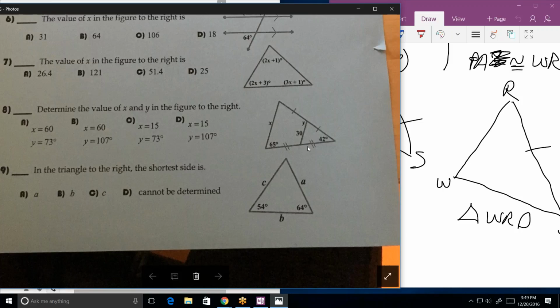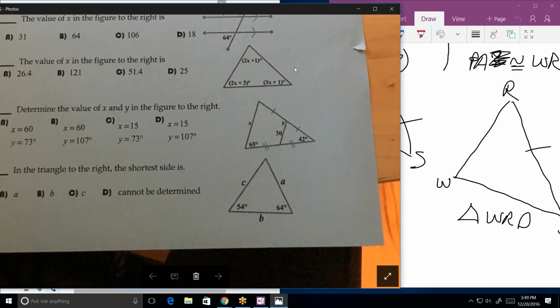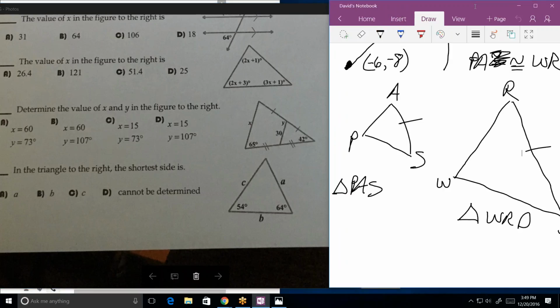Why do you say that? Because I think we have a theorem that says if there's the line segment, then it would be parallel. Or I could be wrong. I think this is a typo and they meant to tell you that they were parallel.